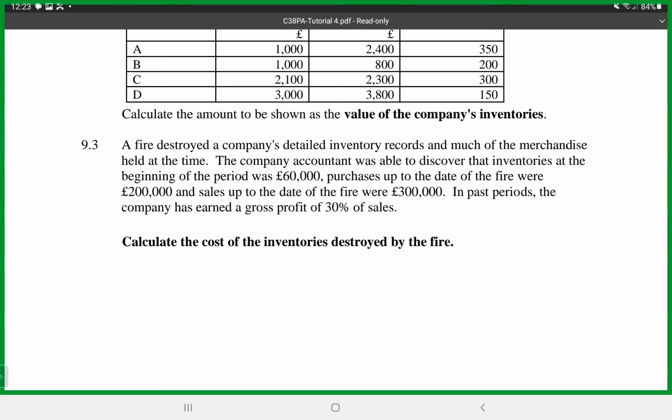So we are establishing the closing inventory, because after having the opening inventory, they are able to do purchases, to trade, to sell, whatever they did up to the end. So we are looking for the closing inventory. So what can we do to find the closing inventory?